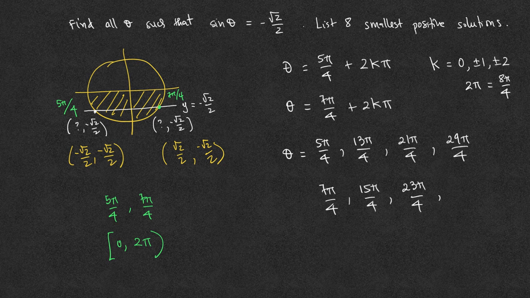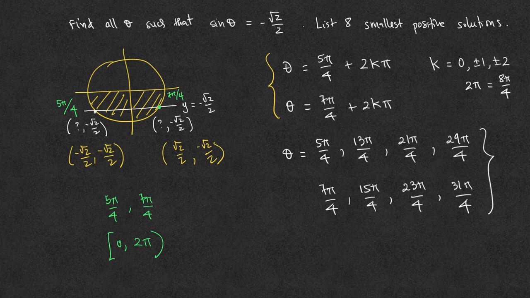Add another 2 pi, and we obtain 31 pi over 4. We now have 4 smallest positive solutions from this family, and we also have the general solutions as well.